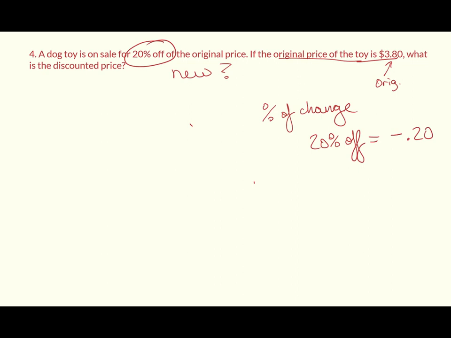So I've got new minus the original price of $3.80 over the original price of $3.80, because I'm using this formula, remember, equals my percent of change. I've explained to you it's negative 0.2. So how do you solve that? You multiply both sides of the equation by 3.80. When you do, that cancels out.